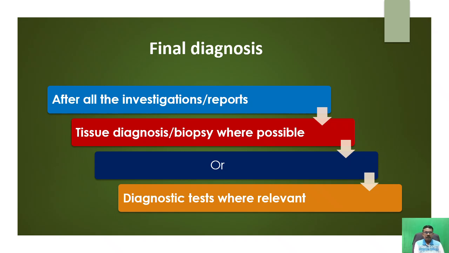If a biopsy is easily done, then go for a tissue diagnosis. In cases like deep-seated lesions in the abdomen, doing a biopsy is sometimes not easy and has complications as well. In such cases, you may want to do diagnostic tests where relevant, such as angiograms, MRI, MRCPs. These are all done when tissue diagnosis cannot be easily obtained.